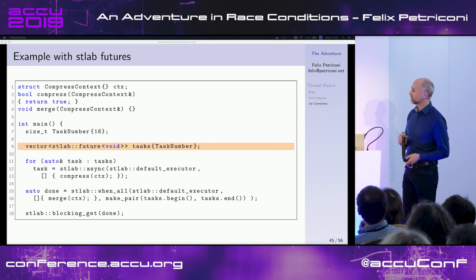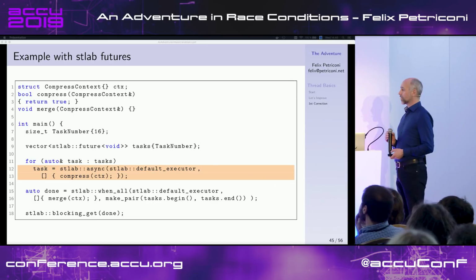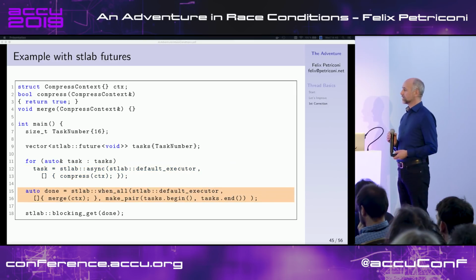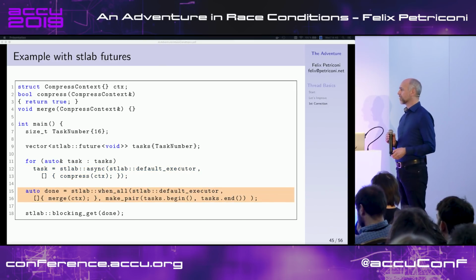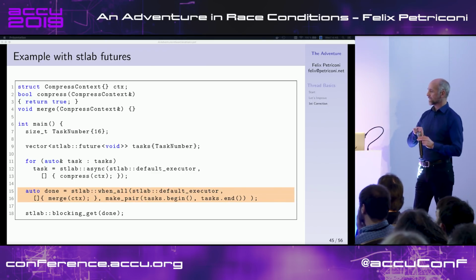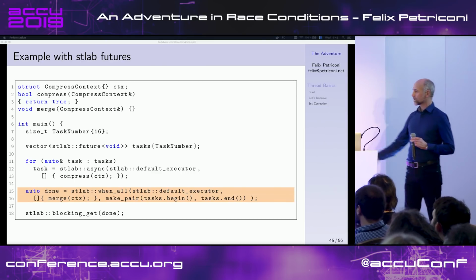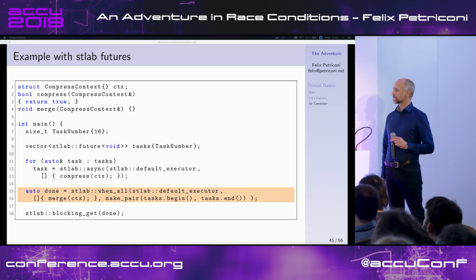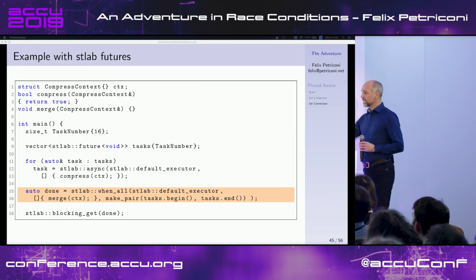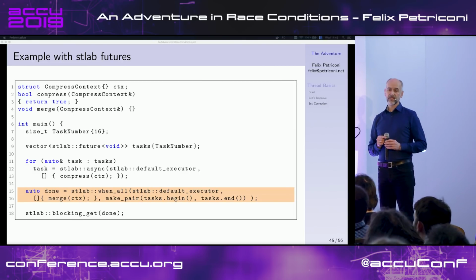One creates a vector of futures, one creates other tasks and passes them into this vector, and then we join on all futures that were passed. And as a continuation, we have a merge again. And here's a difference to the standard. Here it's necessary that one calls a blocking get, otherwise this will immediately terminate.